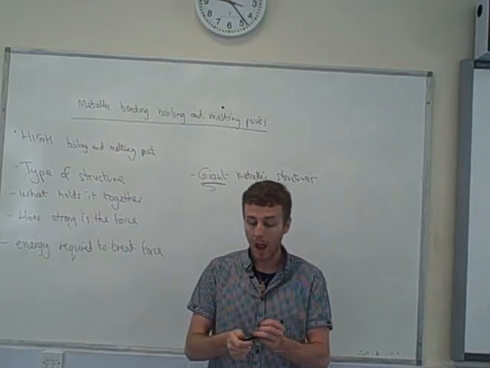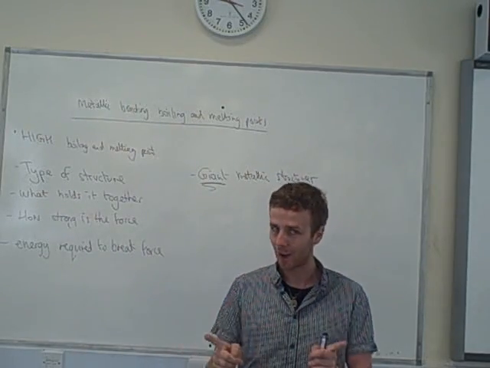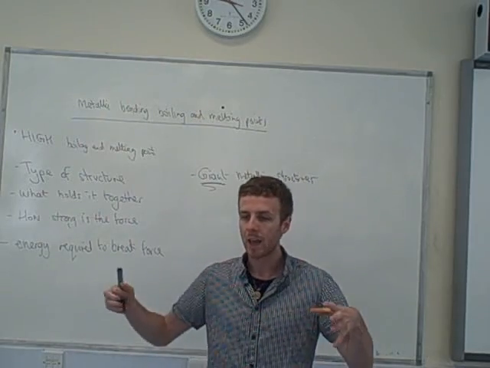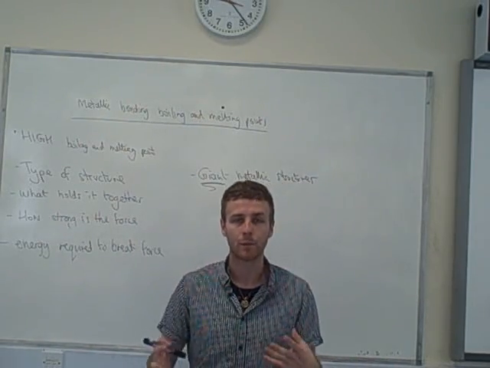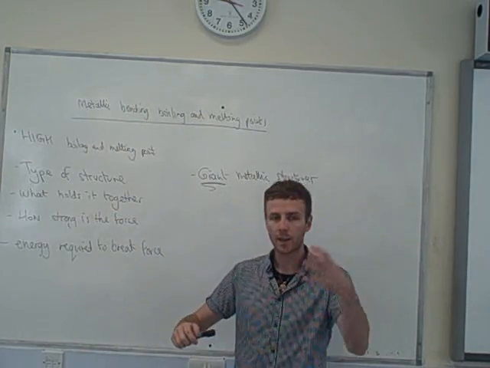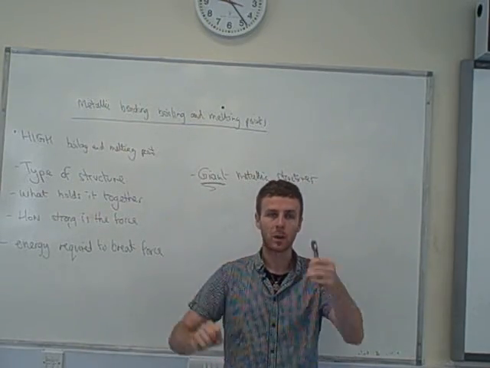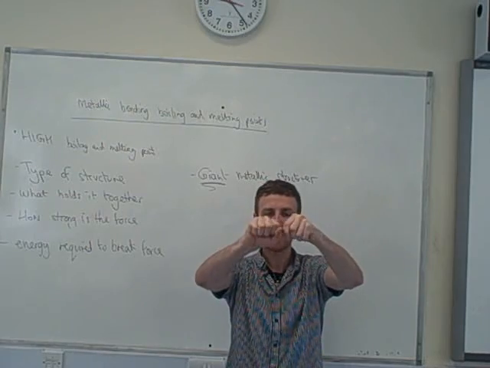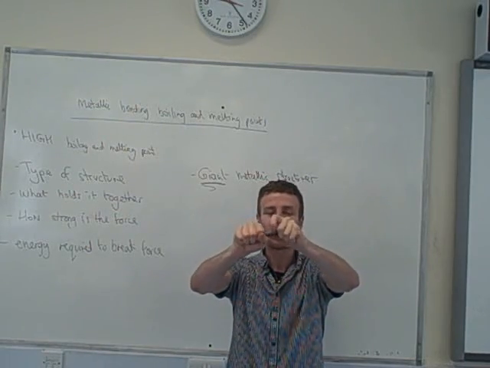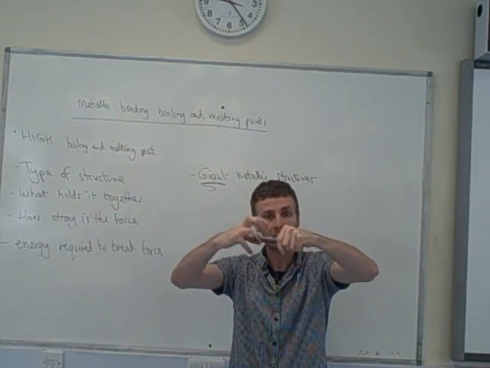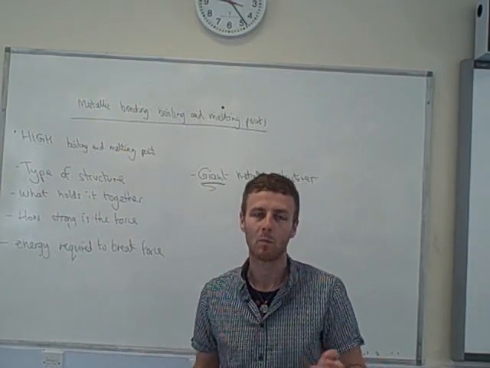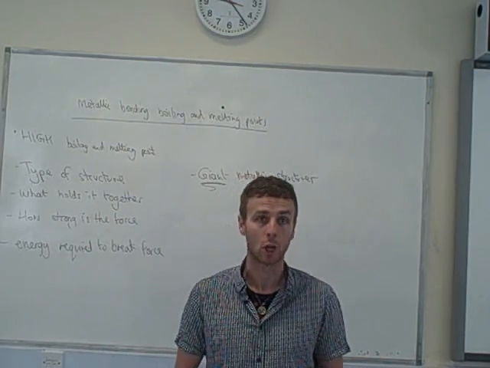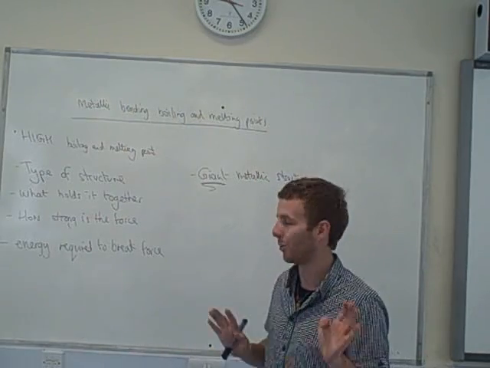Well, as my ions, remember they're ions now, not atoms, as my ions are passing the electrons between each other, that causes an attractive force. Imagine here's one ion, here's another ion, and this pen is the electron. As they're passing them and sharing them, they're causing the ions to be attracted together. Definitely don't say this in the exam, but it's kind of like the electrons are the glue holding it together, but that's not what we'd say.